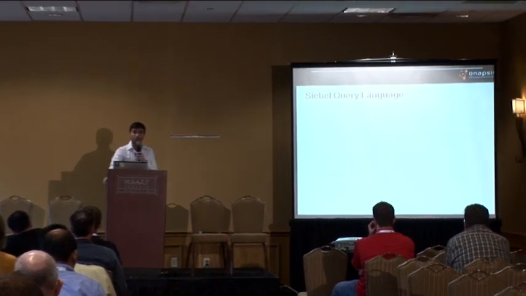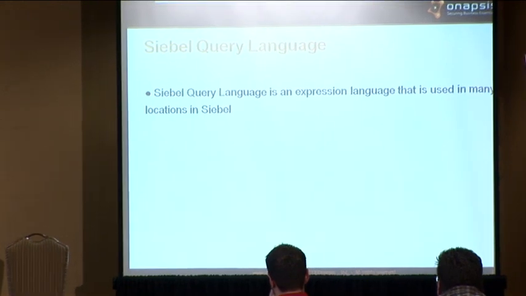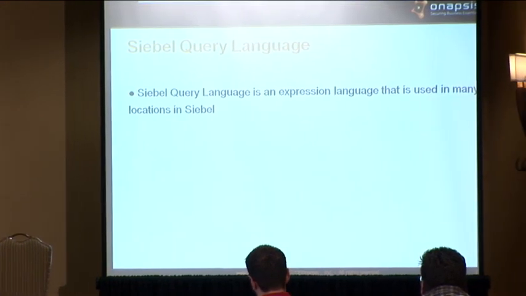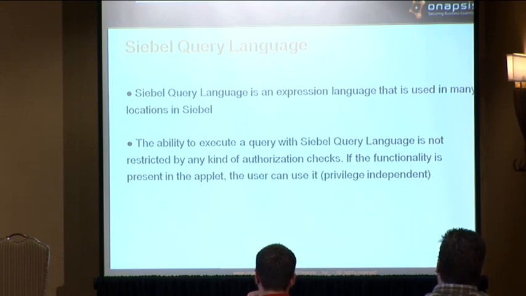There is something called the Siebel query language. This is a built-in language in the Siebel system. It's an expression language that is located all around Siebel. With this language, you will be able to do some queries. For example, you can sort an applet for all the products that have one responsible.